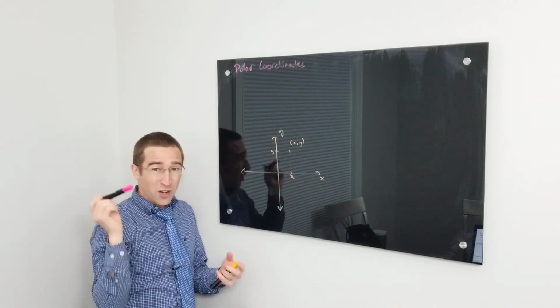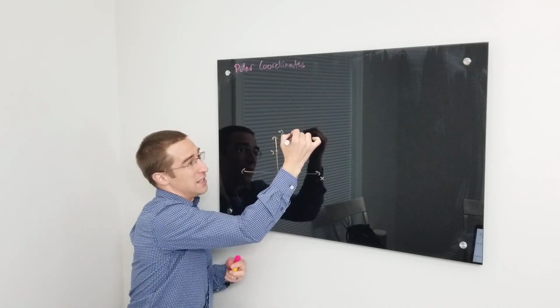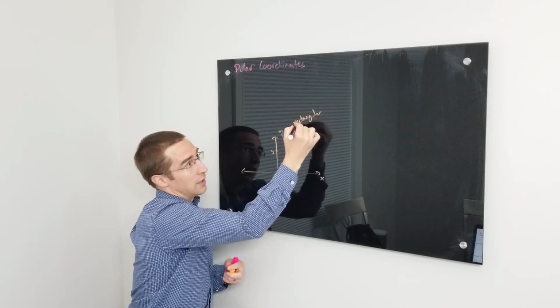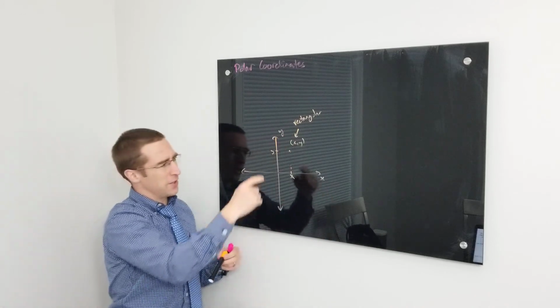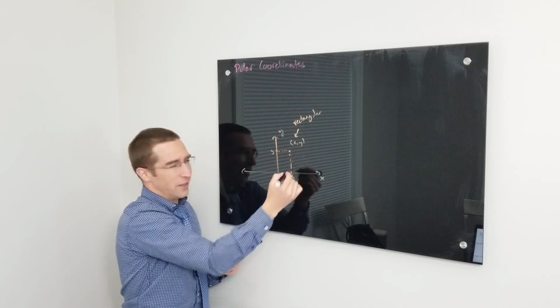So we can also define it, x, y, this is rectangular coordinates. Rectangular. And that's because when we draw this, it makes a little rectangle.